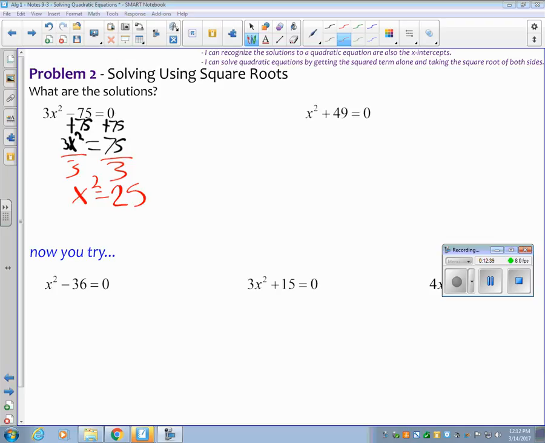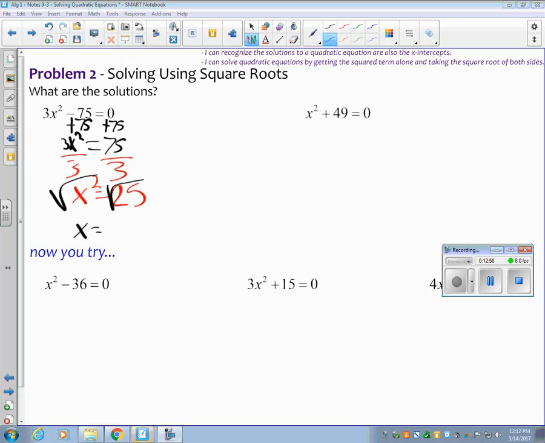Square root. Square rooting it. Okay. So we're going to square root both sides. The square root and the square get rid of each other.